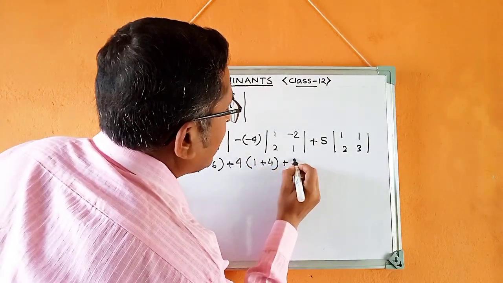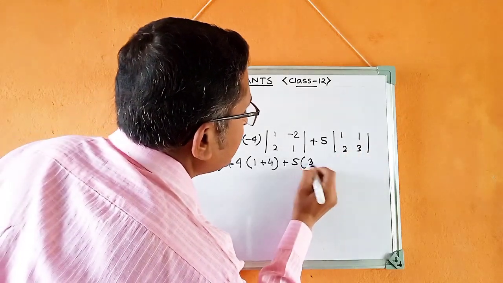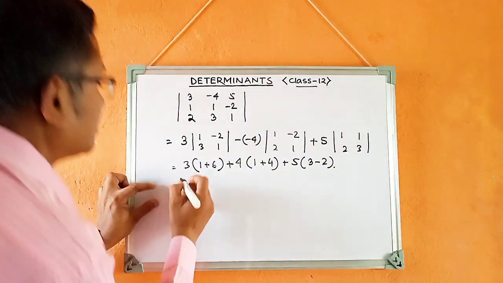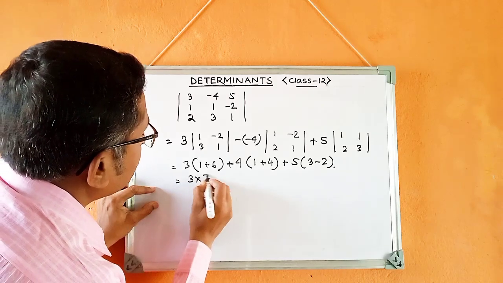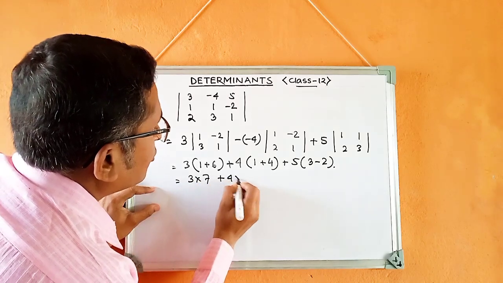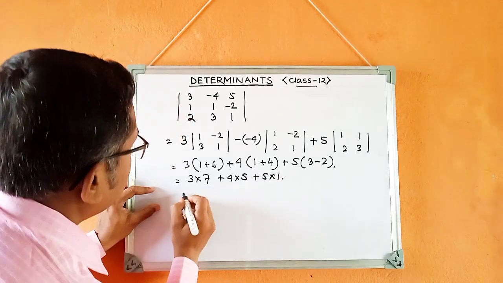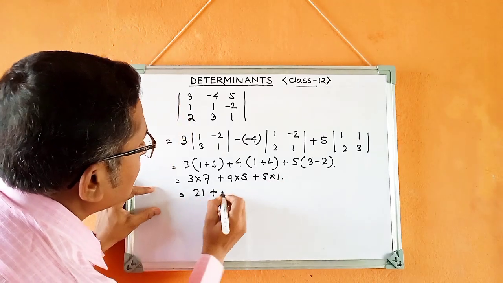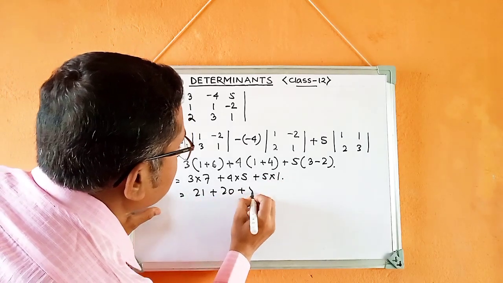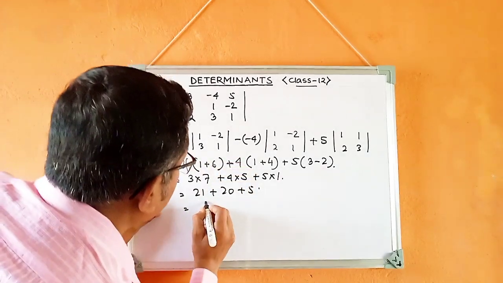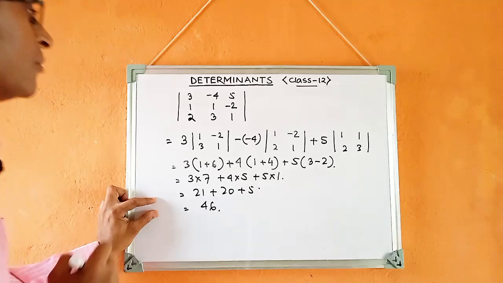Then 5 into (1 into 3 minus 1 into 2). Got it? So calculate 3 into 7 plus 4 into 5 plus 5 into 1. So 3 times 7 is 21, plus 4 times 5 is 20, plus 5 times 1 is 5. So 21 plus 20 is 41, 41 plus 5 is 46. This is the result of that determinant.